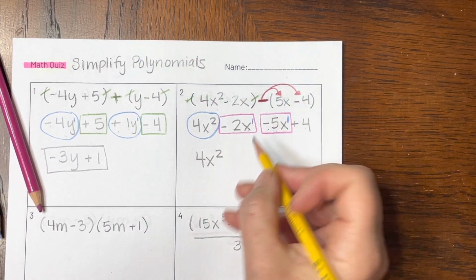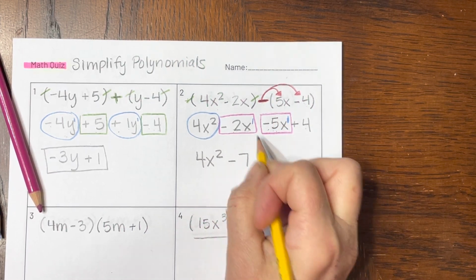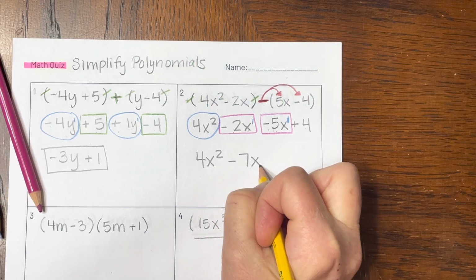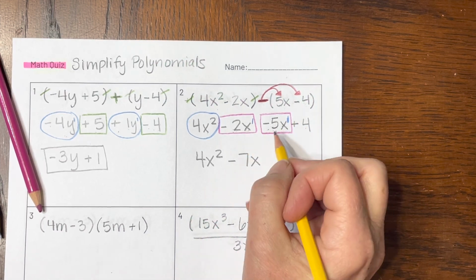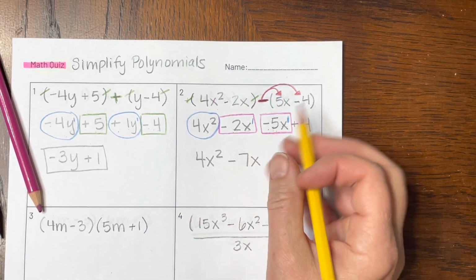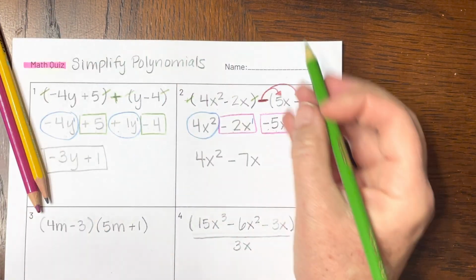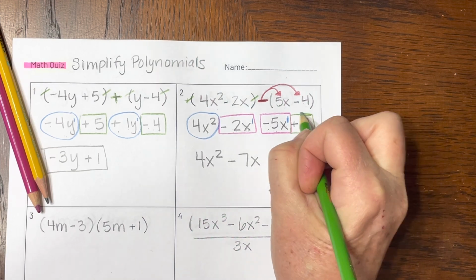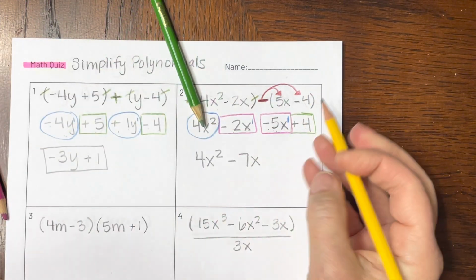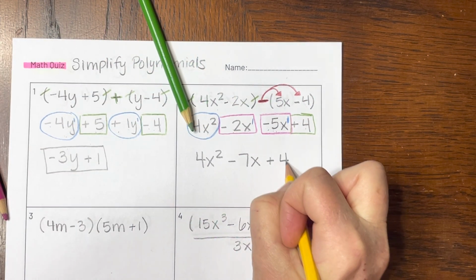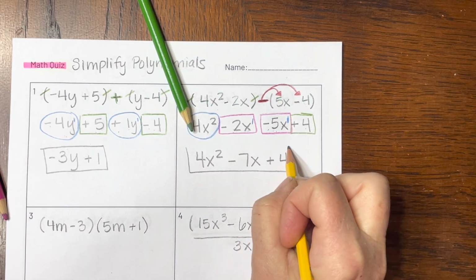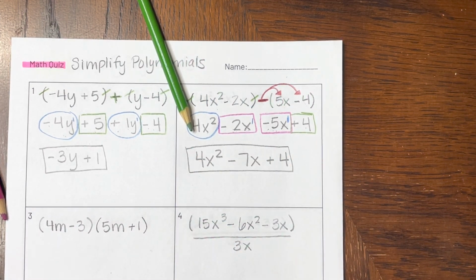So -2 and -5 becomes a -7. And again, I keep the exponent just as it is because I'm just adding and subtracting. Then I have this number hanging out all by himself over here, +4. +4 stays +4. And there is my final answer.